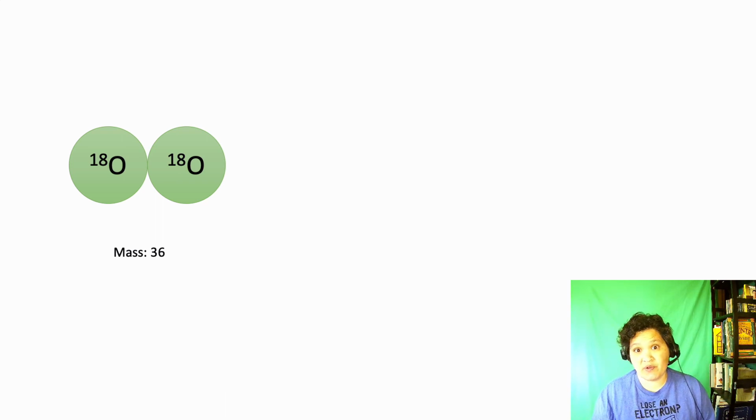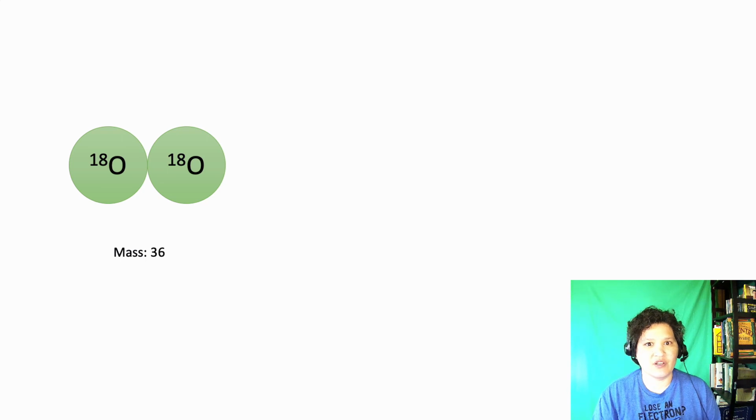Most oxygen, remember, is oxygen 16. So if you have O2 made of oxygen 16, you have something with a mass of 32. If you have O2 made with oxygen 18, and this process produced oxygen that was only made with oxygen 18, then you would end up with a mass of 36.